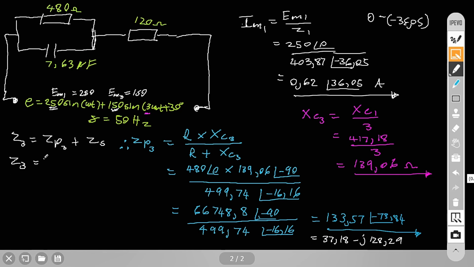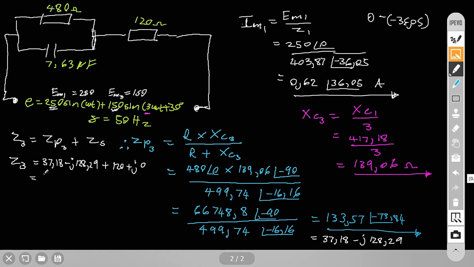So now guys, you just add the two. 37.18 minus J128.27 plus this resistance series, which is your 120 plus J0.